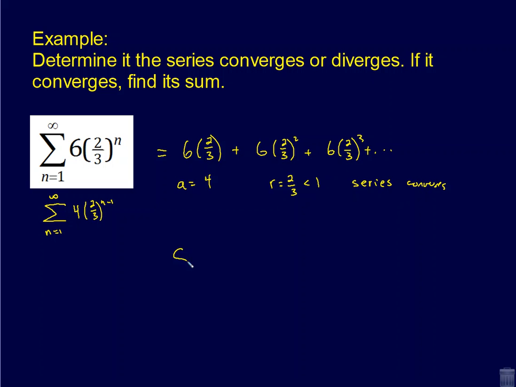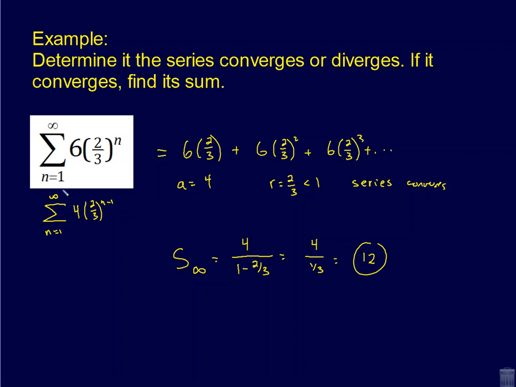However, now let's just find our infinite sum and say this is going to be a, which is 4, divided by 1 minus the ratio. So 4 divided by 1/3 is 12. I encourage you to give this a try.